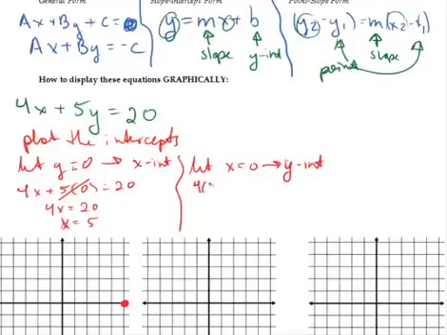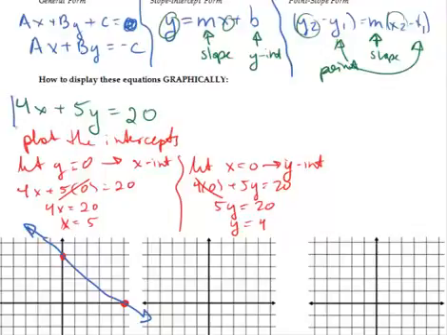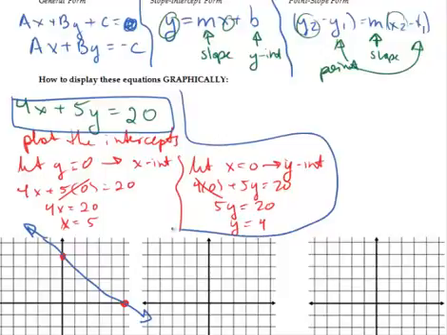So 4 times 0 plus 5y equals 20. 5y equals 20 gives you y equals 4. And then when we go ahead and join those, that is the equation 4x plus 5y equals 20. And that is a general form equation, just like we just saw in the beginning one.